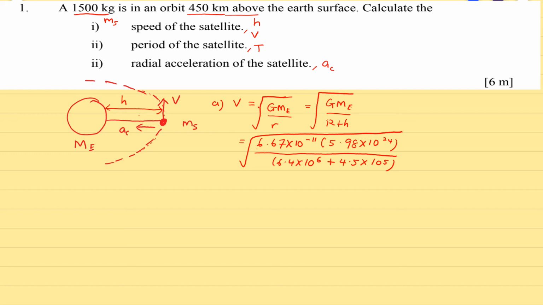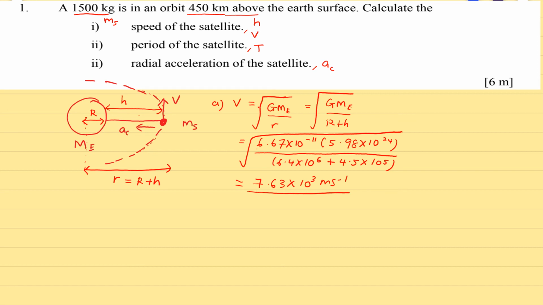The distance from the center to the object is r equal to R plus h. So the answer is 7.63 times 10 to the power of 3 meter per second.